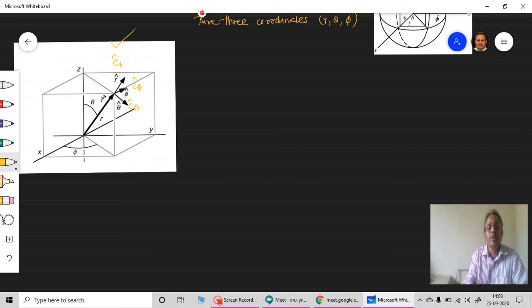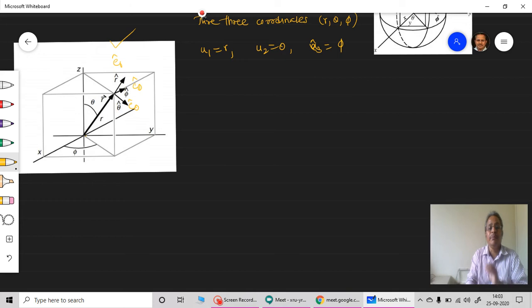So here it is shown as phi cap, theta cap and r cap. Actually these are the unit vectors er cap, e theta cap and e phi cap. So in your diagram you should write this as e phi cap, this is e theta cap and this is e r cap. Here I will write in short: u1 is equal to r, u2 is equal to theta, u3 is equal to phi.